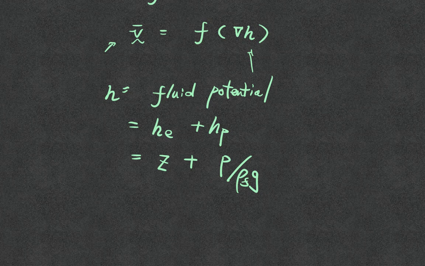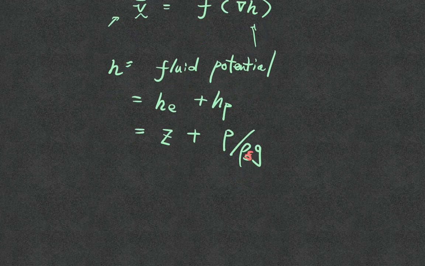Now notice here, this is the intrinsic density, not the partial density, so it doesn't change over time. If you assume water is incompressible, that simplifies lots of things.